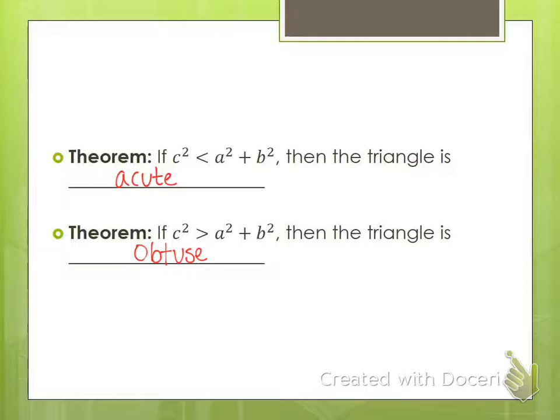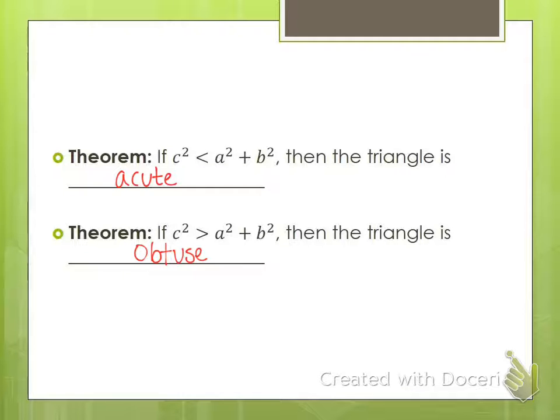This is why I never put an equal sign, and I usually put that little box. You might also notice that they've flipped it around a little bit. They put c squared first, because it's easy to associate a less than symbol with acute and a greater than symbol with obtuse. Does that make sense? Small, acute, bigger, obtuse.